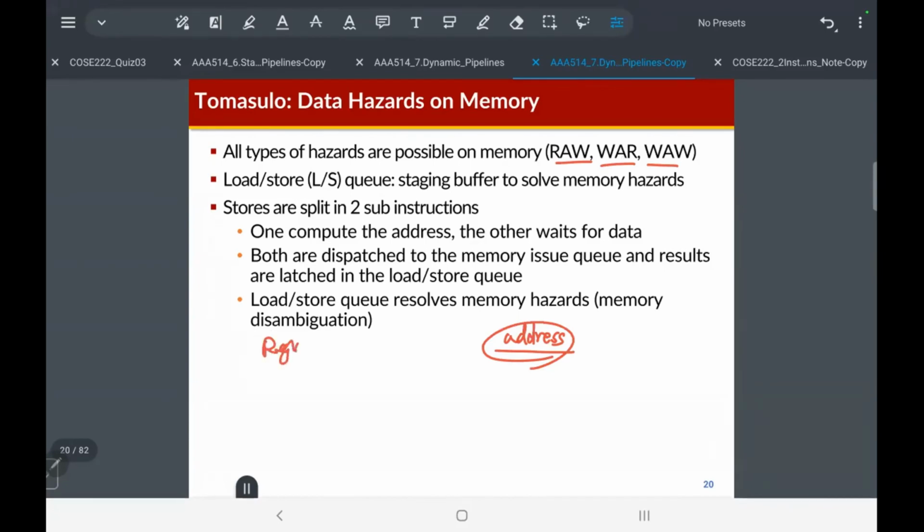Actually, the register is relatively easy. Checking the data hazard on registers is relatively easy because there are only tens of registers. So we can just check the register number, like 0 to 31, and that's it. But if you want to check the address of a memory instruction, what is the size of the address?